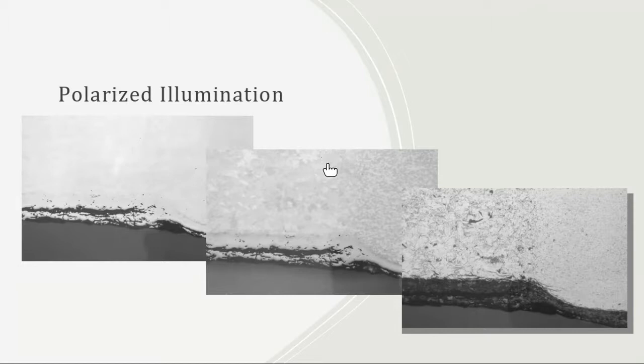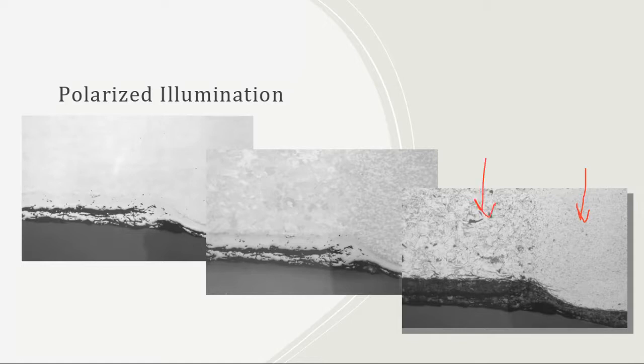What happens when I etch the sample and view it under bright field? That would be the last image here. So how are you going to tell me about the grain structure in this region over here on the right?